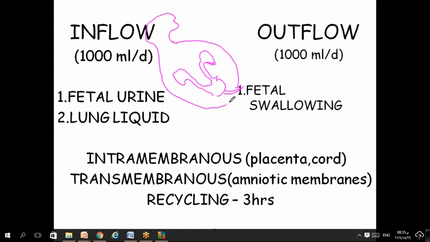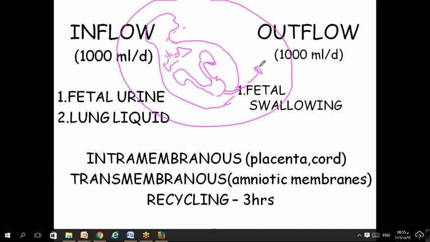Here's the fetus. It's formed through the fetal urine, and part of it through the lung, as you know, lung secretion.